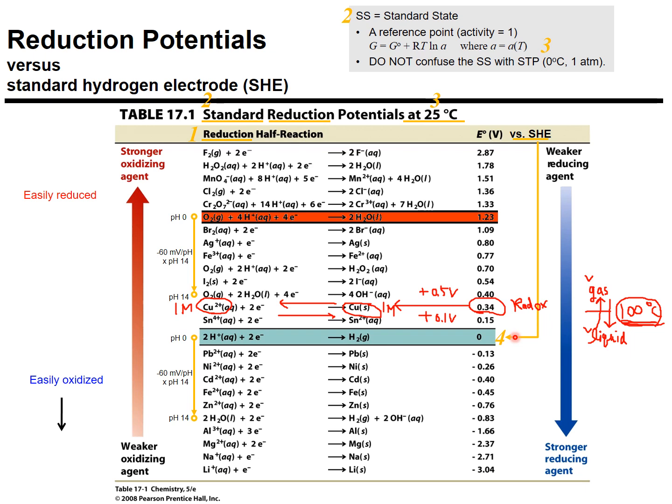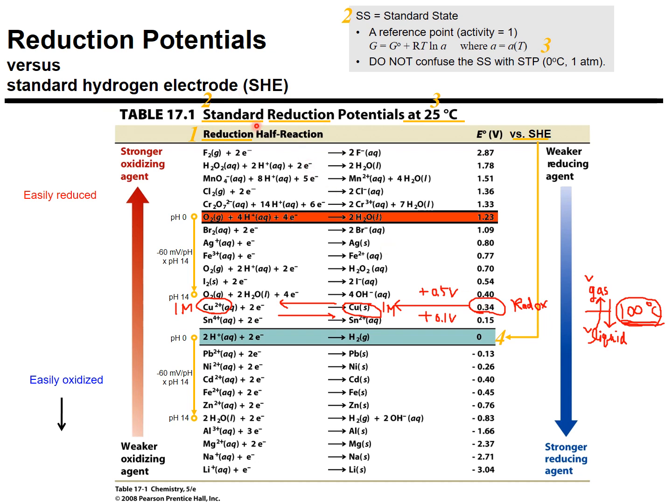As a summary, there are 4 points in this reduction potential table. The first one is the reduction: the reduction potential is based on the reduction. However, the oxidation potential also has the same value. The second one, the standard reduction potentials are listed.